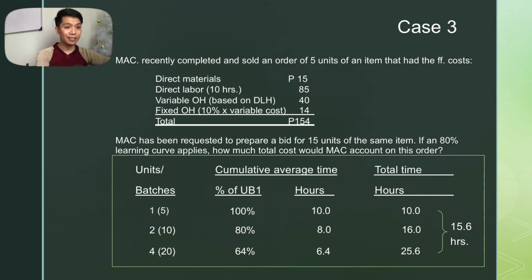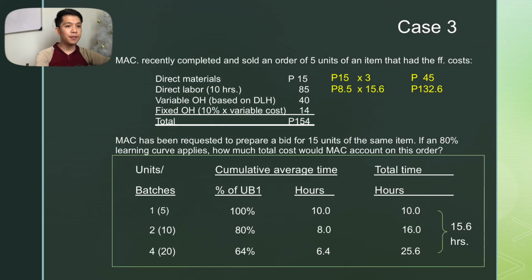Direct materials is 15. 15 times 3, because this is 3 times the first order, that would give us 45 pesos. Remember that materials, again, do not learn. As for the direct labor, it used to be 85 for 10 hours. That would give us 8.5 per hour.